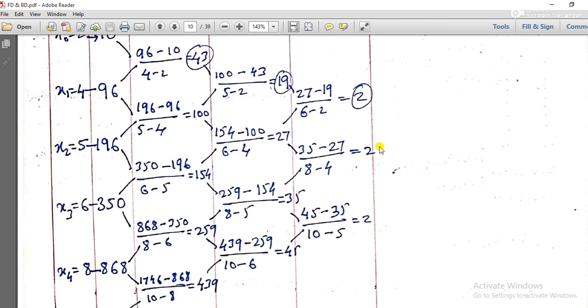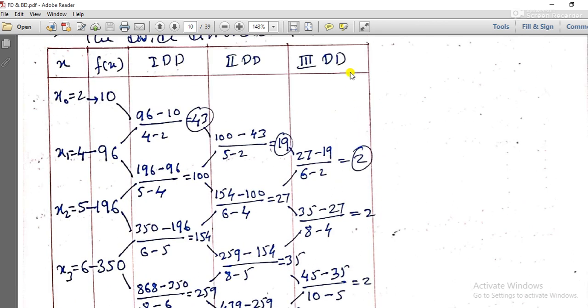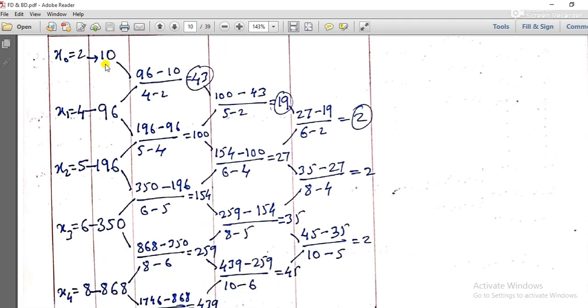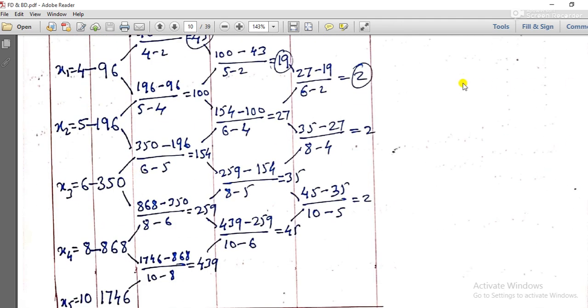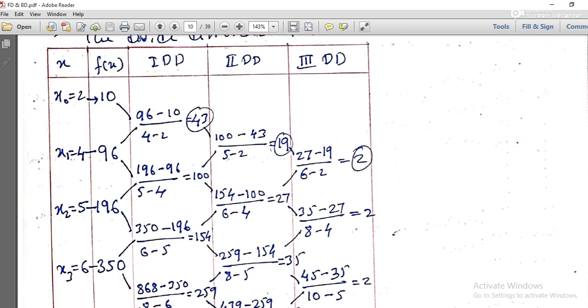After simplification, you get 2, 2, 2. For the fourth divided difference, 2 minus 2 is 0 in the numerator, and 0 divided by anything is 0. Similarly, again 2 minus 2 is 0, so the next column is 0.